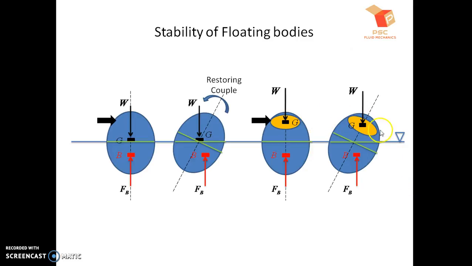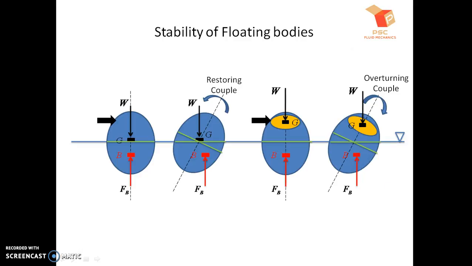Now if you observe here, in both cases B is below G, but in one case we get a restoring couple and hence stable equilibrium, and in the second case we get an overturning couple and hence unstable equilibrium.